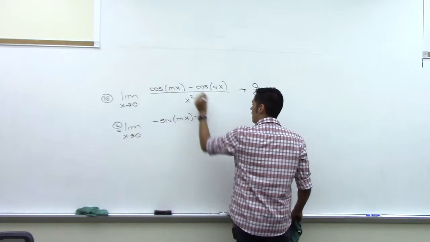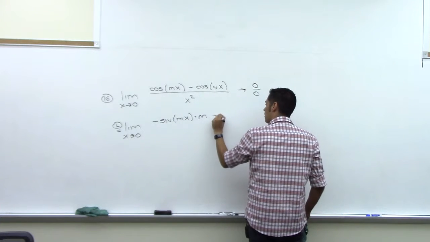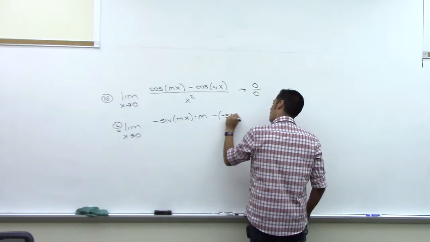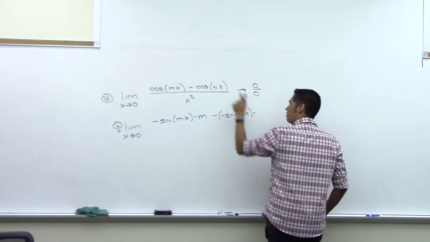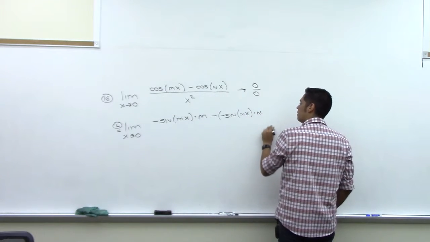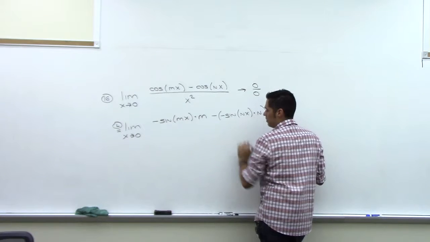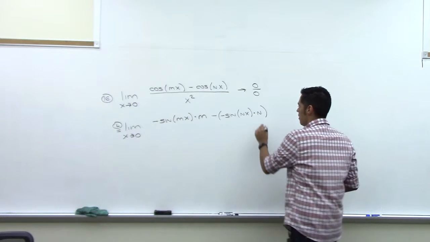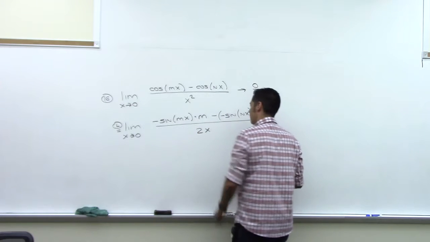Then we have minus the derivative of cosine of something again, which is negative sine of nx, times the derivative of what's inside, which is n. Now I put the parentheses here because I'm going to have a double negative, so it's just proper notation. Then all of this over 2x, the derivative of the bottom.